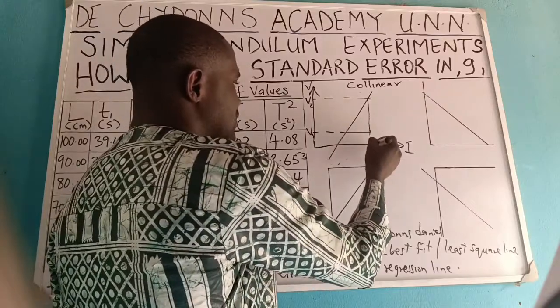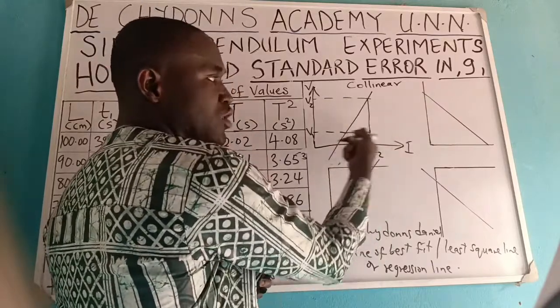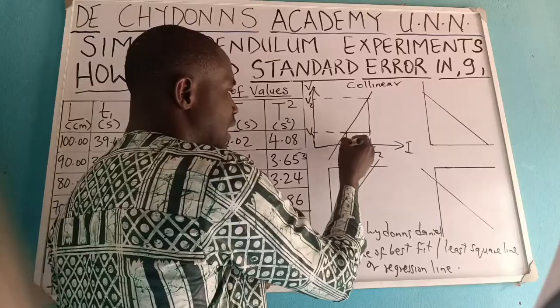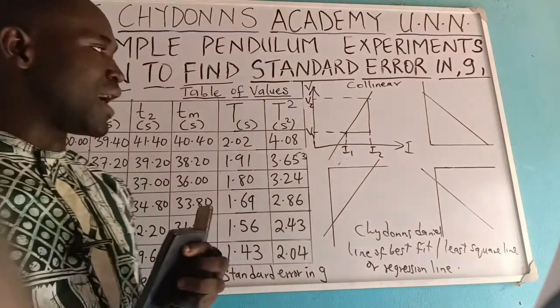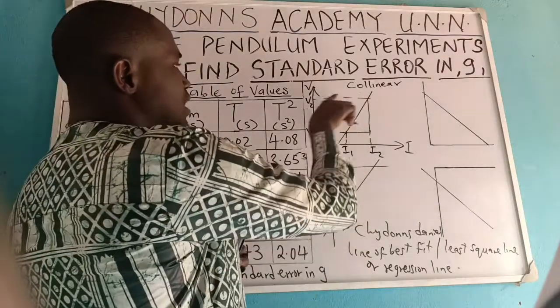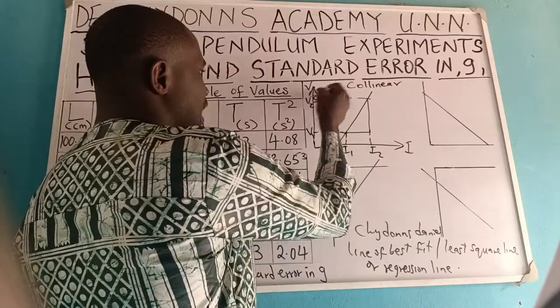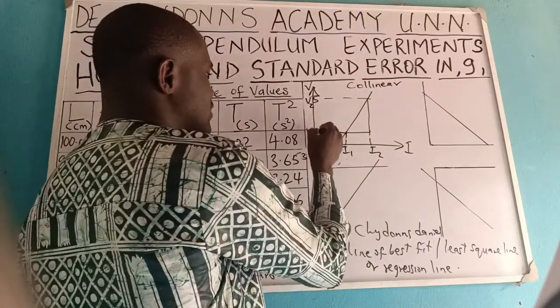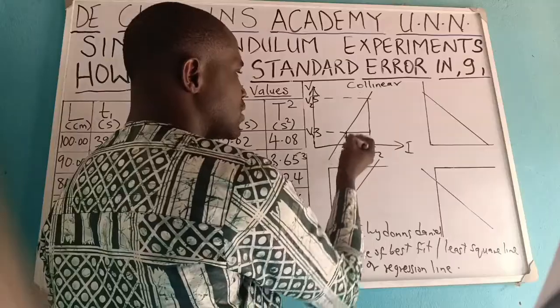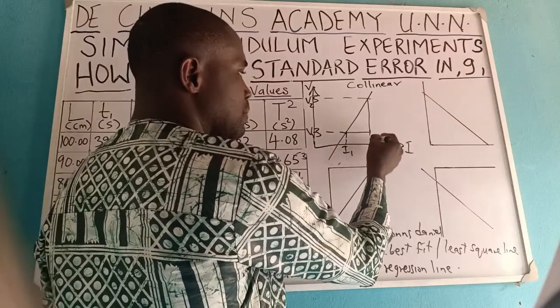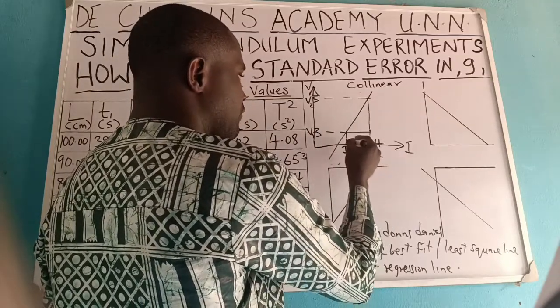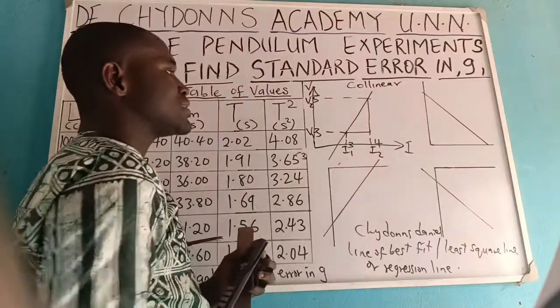And here is I2, where the vertical and horizontal meet, and here I1, right? Then check the value here. Let's say the value here is 5 and the value here is 3. Check the value here. Let's say the value here is 4 and the value here is 3, for instance.